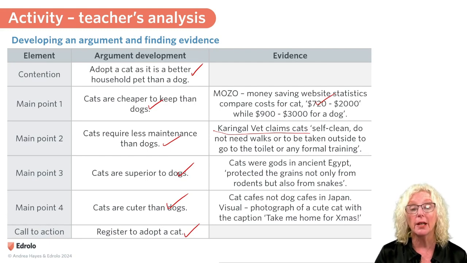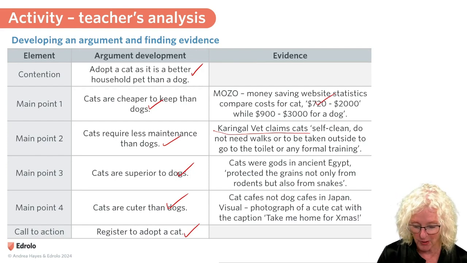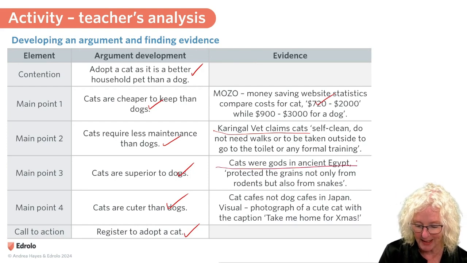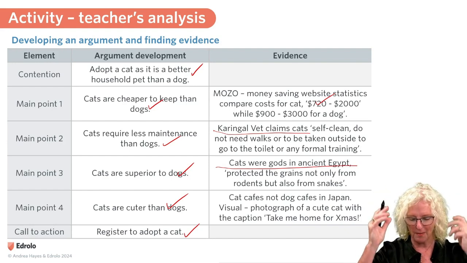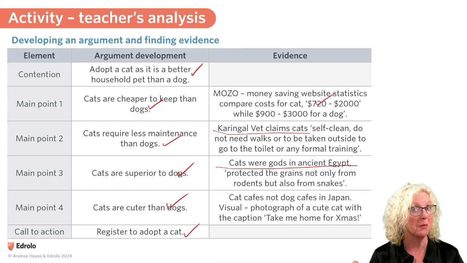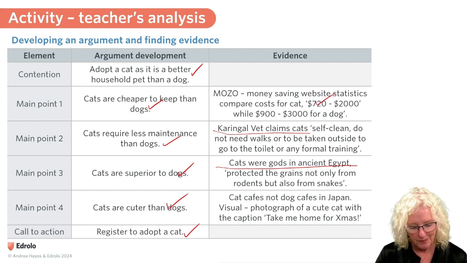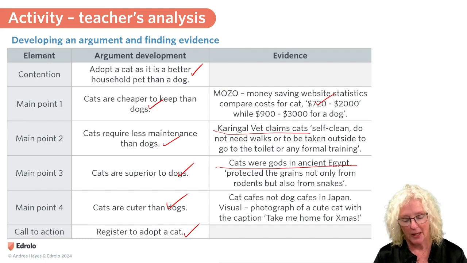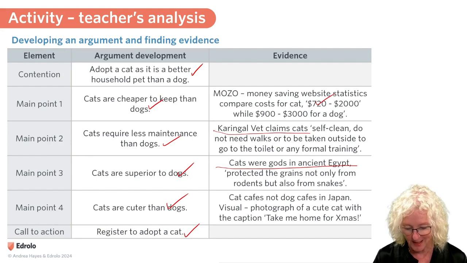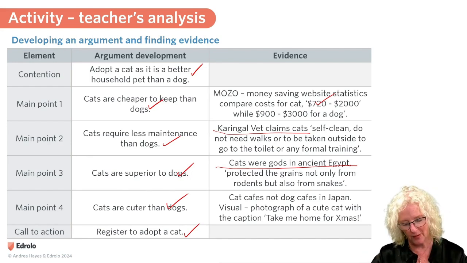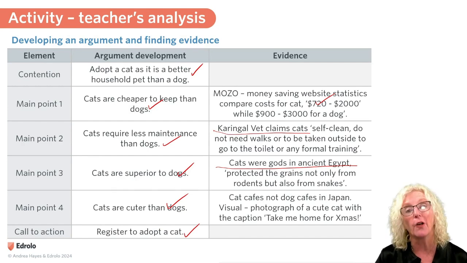Main point 3, superior: I used that cats were gods in ancient Egypt, thinking the ancient Egyptians were marvellous, and this is what the cats did. And cats are cuter: I used the example that there are cat cafes, not dog cafes, in Japan, and that fitted with the visual, the photograph of the cute cat with the caption.